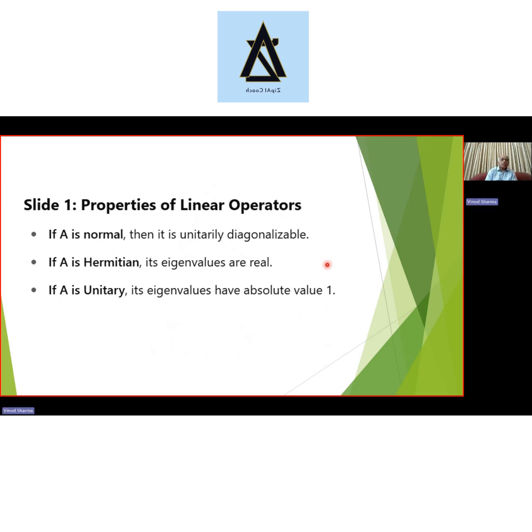If A is Hermitian, then its eigenvalues are real. In general, for an n cross n matrix, the eigenvalues can be complex. But if A is Hermitian, then its eigenvalues are real. If A is unitary, then its eigenvalues have absolute value equal to 1. But in this case, the eigenvalues can be complex.